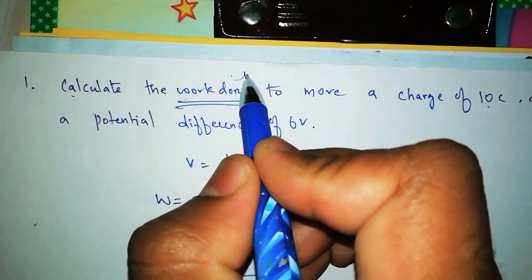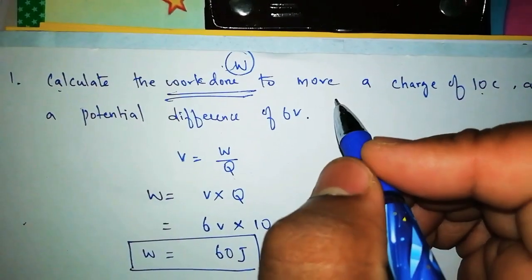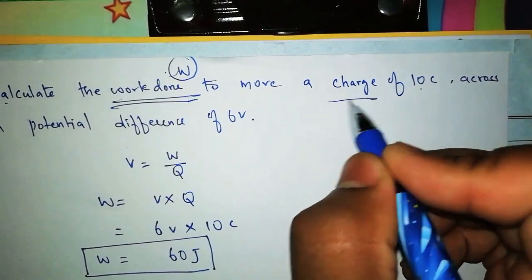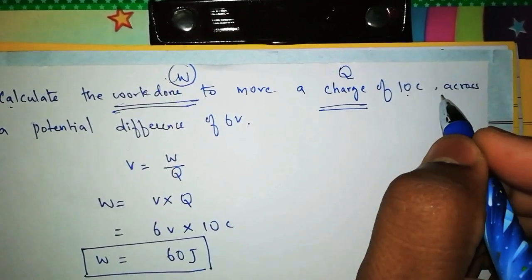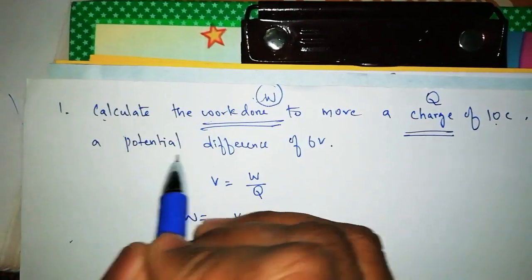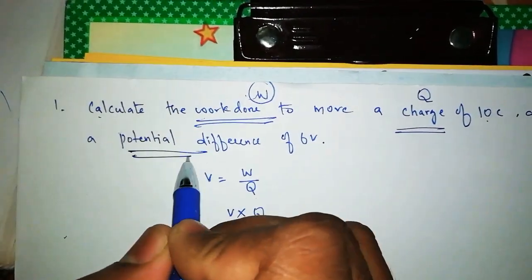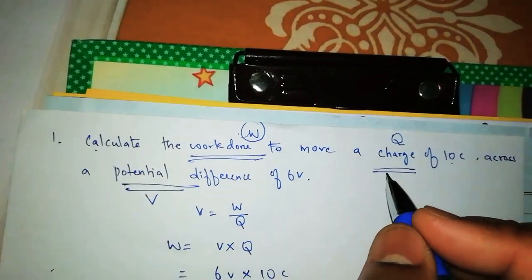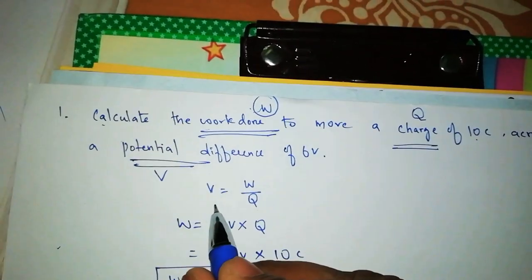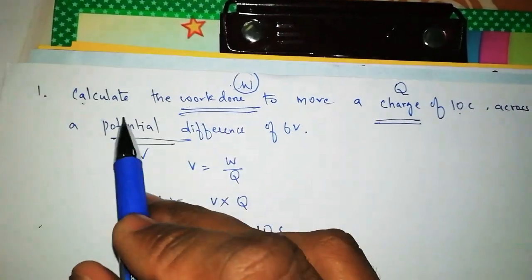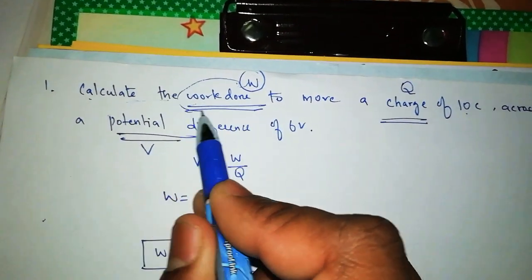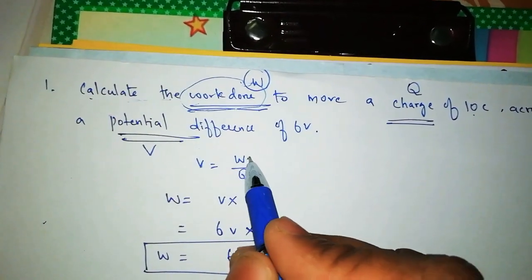Work done is W. Moving a charge is always Q, and across the potential difference is V. Just now we used the formula V is equal to W by Q. They are asking for W.